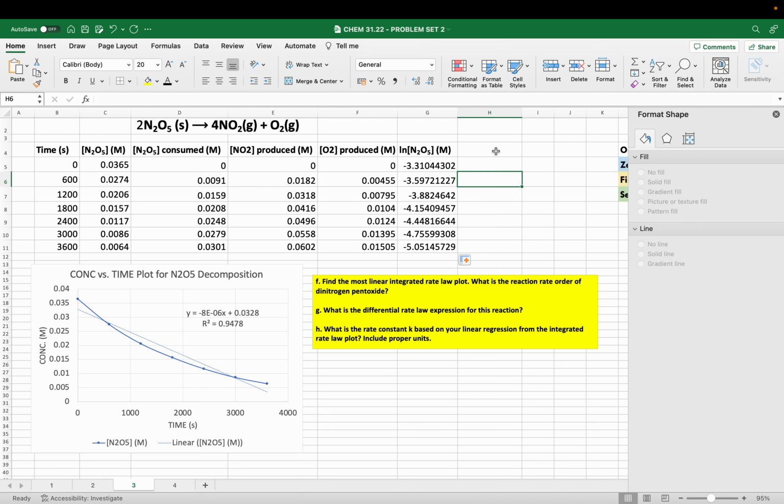And to solve for a second order possibility for N2O5, we are going to take the reciprocal of its concentration. So we're simply going to do equals 1 divided by the value of the concentration of N2O5 at that given point in time. And again, apply that formula to all the different concentrations of N2O5 over time.